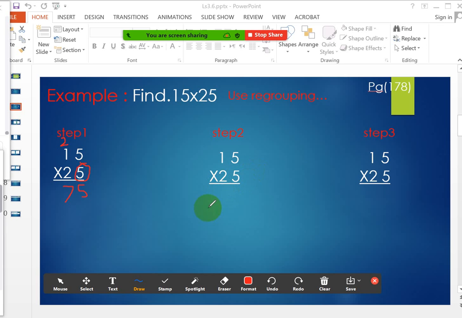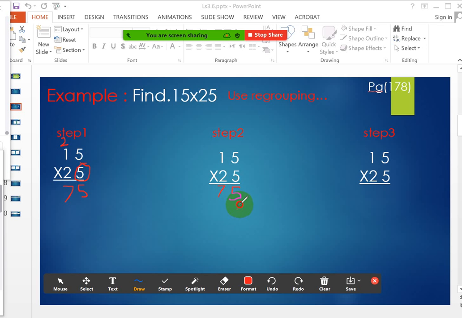So the first number is 75. Now, after that, in regrouping, I have to take this 2 and multiply it with 15. But as we said, what do I have to put in the ones digit right here? Who will tell me in the chat? Who will tell me what I have to put here in the ones digit? Excellent, Zen. Excellent.